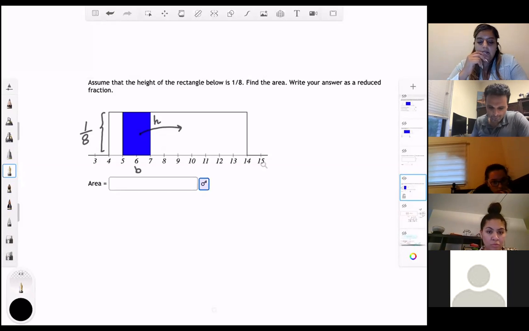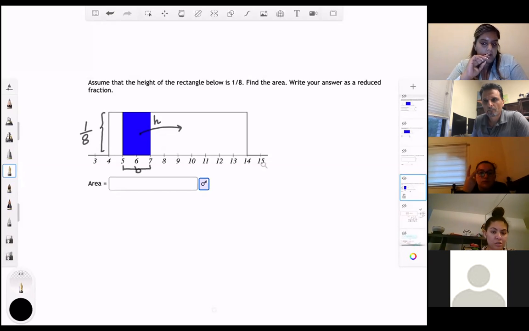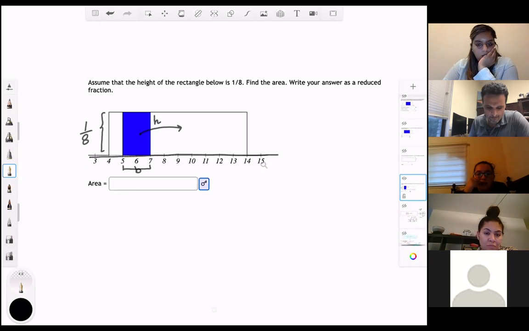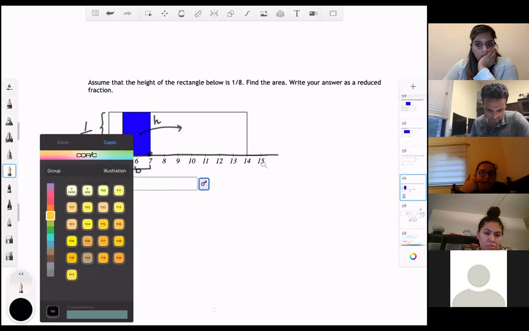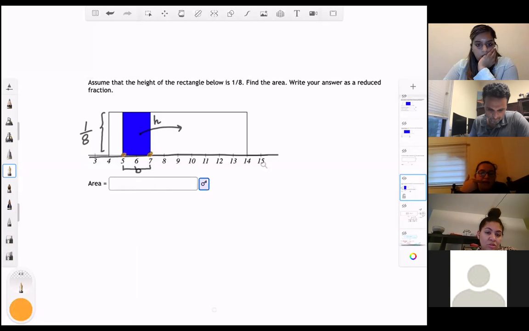How big is it from here till here? 2 inches. Or, I'm sorry, the number 2. If this is a ruler, how big is it from here to there? It's 2. Yes, very good. It's not centimeter, but the answer is 2. Good. How did you get it?